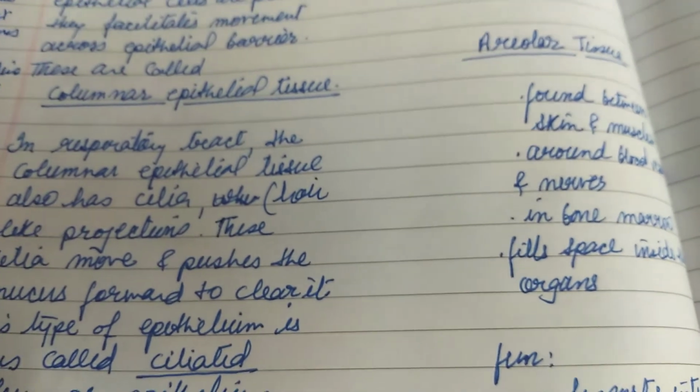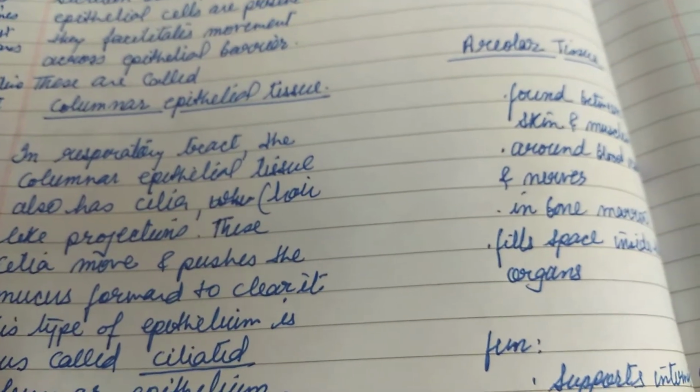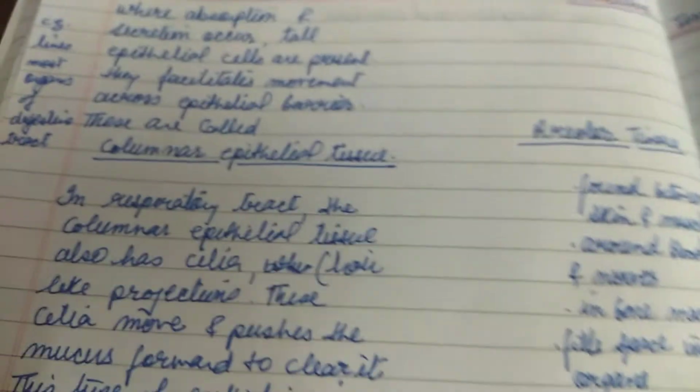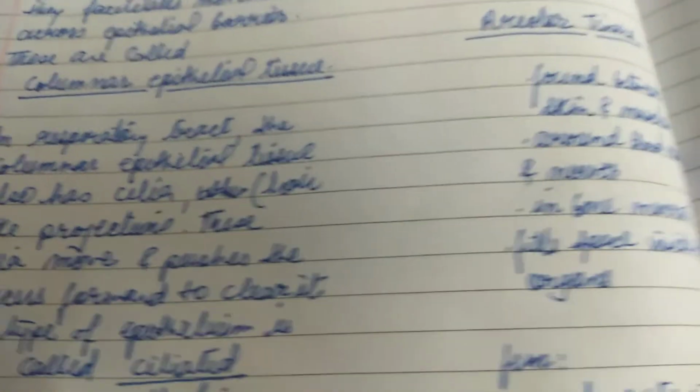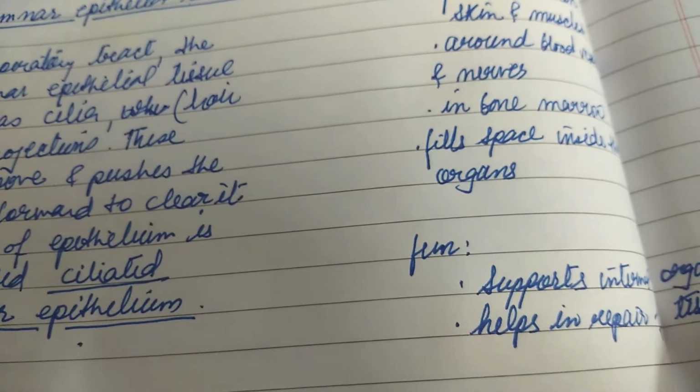Basically their job is to fill the space inside the organs. Naturally, if they are filling the space, their function is to support internal organs. Their role is to support them and to help repair the tissues.